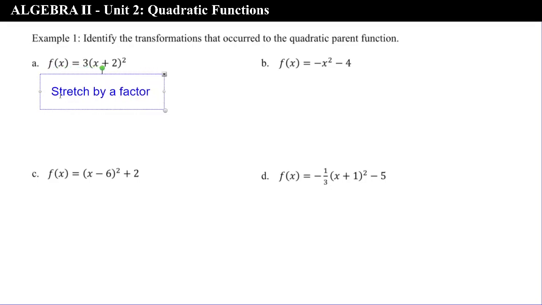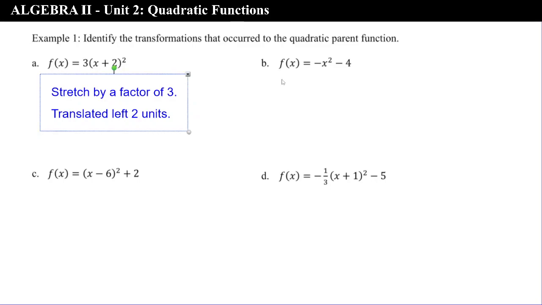We also have a plus 2 inside the parentheses, and that tells us that it's translated left 2 units. And that's all that's happening to that first one. Let's move on to the second one here.